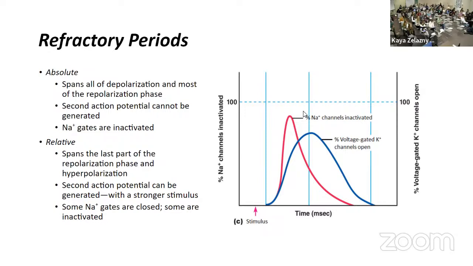Our absolute refractory period being because we have all these sodium channels inactivated. And we have our relative refractory period because we have a lot of extra potassium channels. So these voltage gated potassium channels are still open. They're not closed yet. They're working on it. But while we have extra permeability of this neuron to potassium, we're going to have trouble raising that membrane potential up to threshold because we got a lot of positive charges leaving.